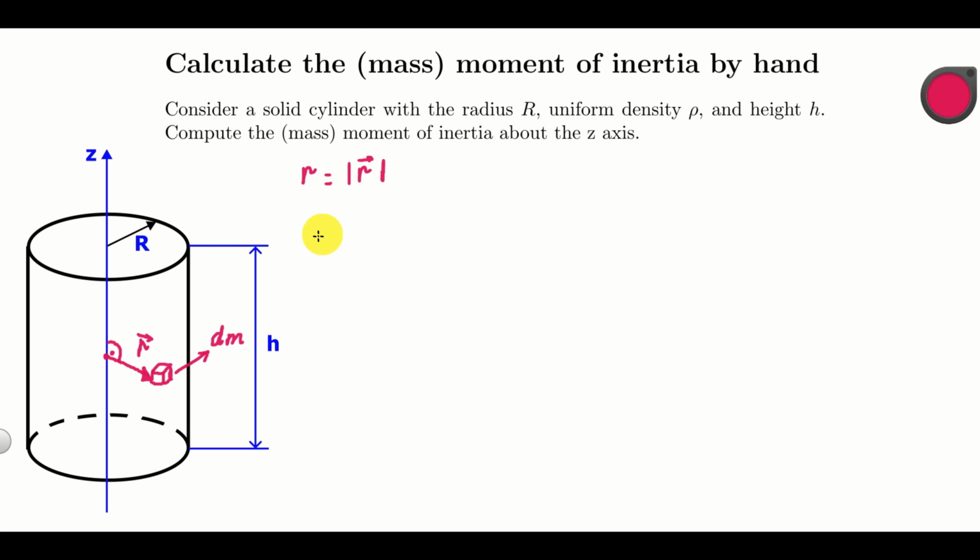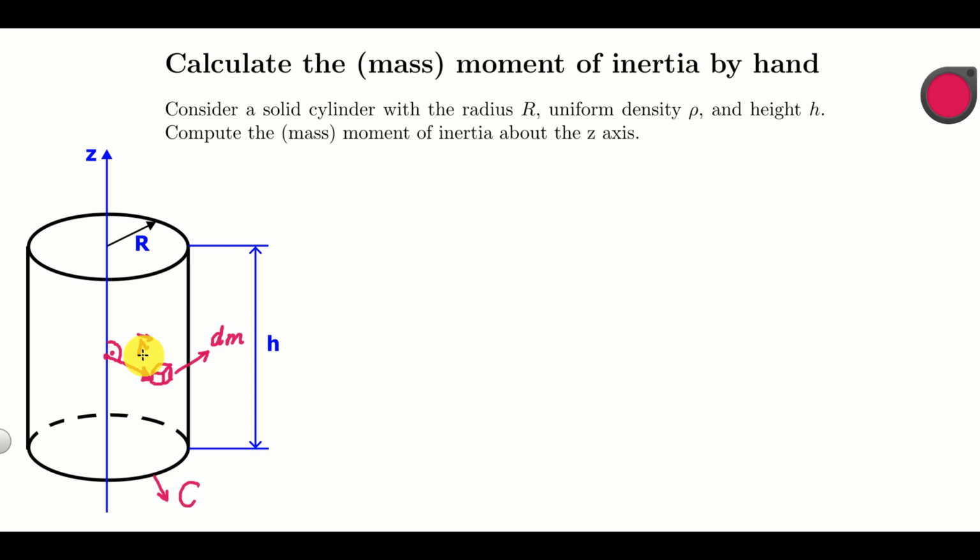Then, the mass moment of inertia of this whole body, that is of this cylinder, is defined like this. First of all, we need to define the mass moment of inertia of this small piece. It's denoted by dI with an index z. Let us denote the cylinder and its volume simply by c.